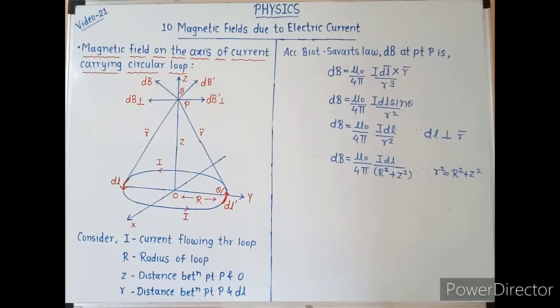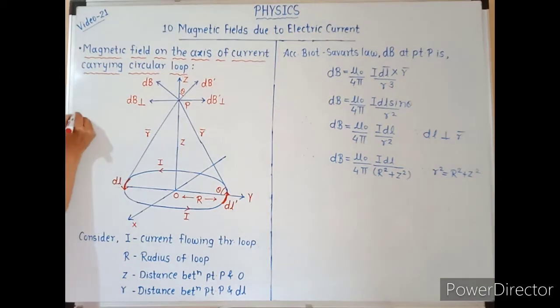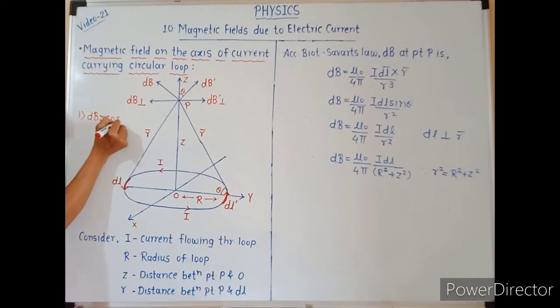Now this magnetic field dB is resolved into two components. The first component is dB cos theta, which is along the z axis, and the second component is dB perpendicular.